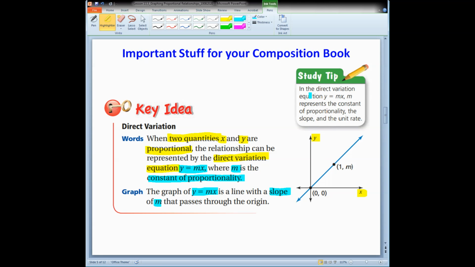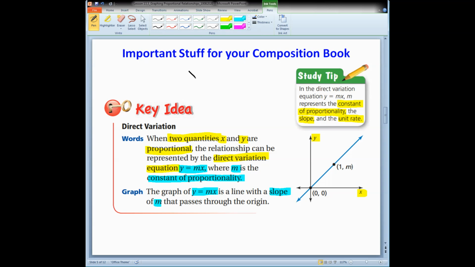Let's look at this study tip. In the direct variation equation, m represents the constant of proportionality. That's one thing. It represents the slope of the line, the steepness of the line, and it represents the unit rate. Why is that?